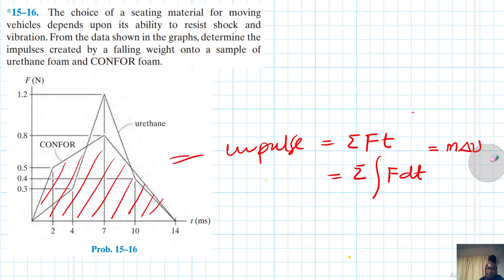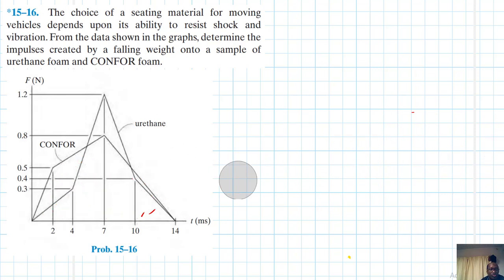All right, so let's work on this. We are going to divide this into two parts. We'll start with the CONFOR. Let's start with the urethane, right? So we'll have this area here, this one, then this one here, and then this one here.